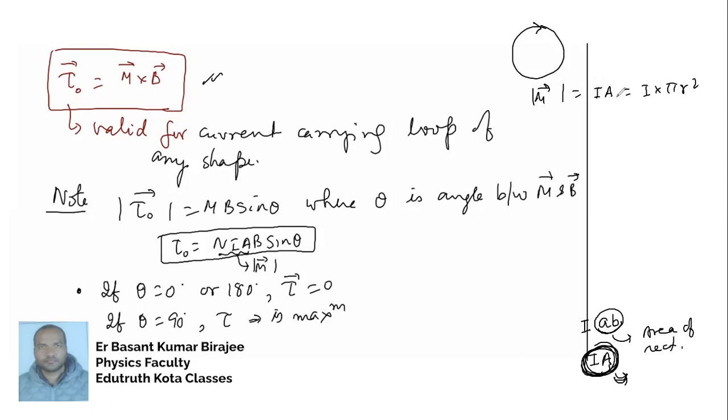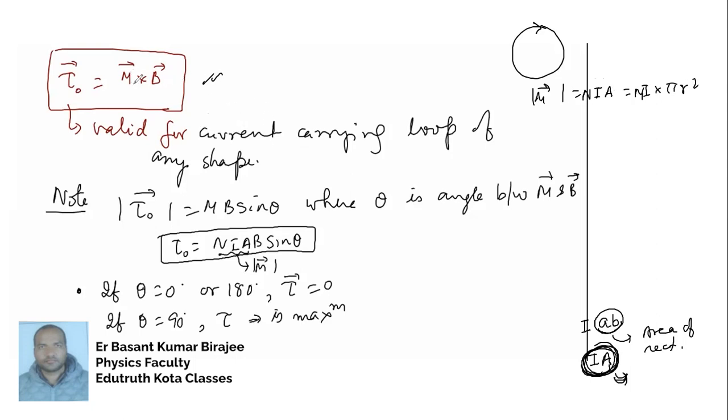If you have one turn, then IA. If you have N turns, then NIA. So you can apply this formula for any current carrying loop placed in a uniform magnetic field.